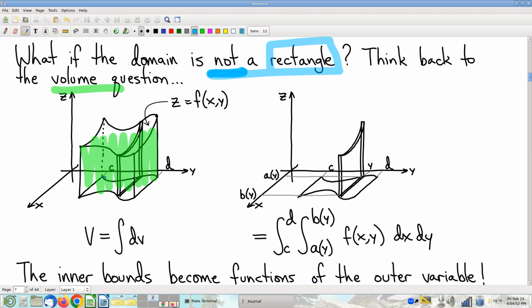What if the volume that we're interested in is over some other region, some lumpy, curvy region like that? Okay, so a little bit of a scary thought, because after all, there's infinitely many different such regions, and oh gosh, it seems like this could change things a lot. Good news, it doesn't change hardly anything.